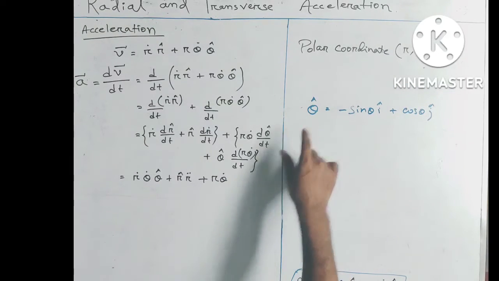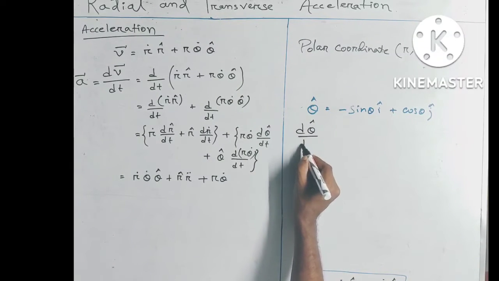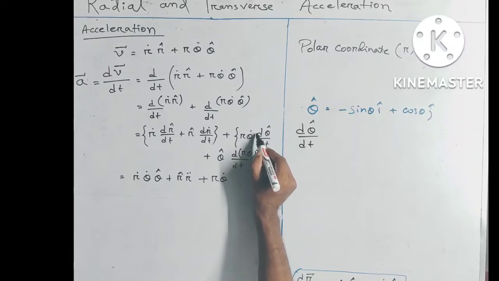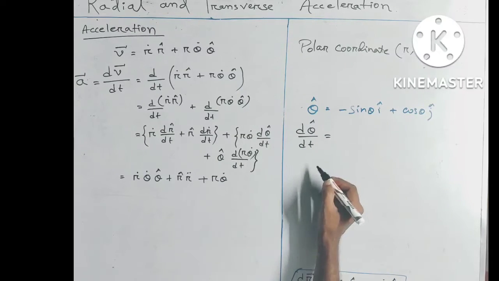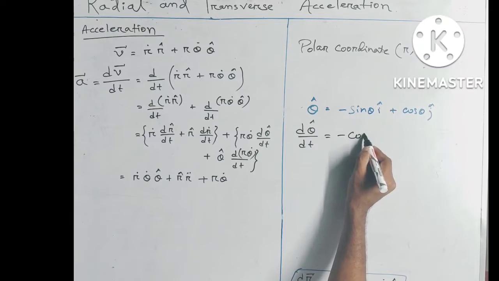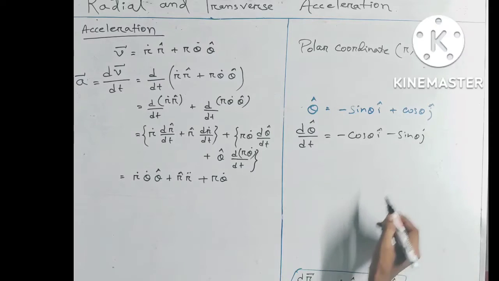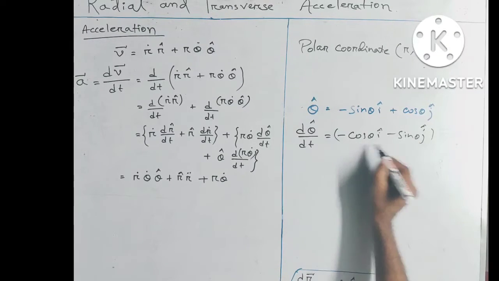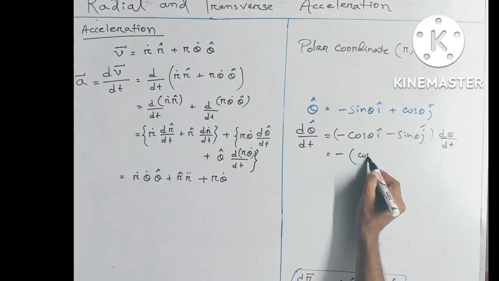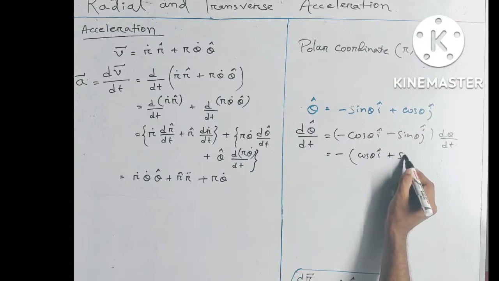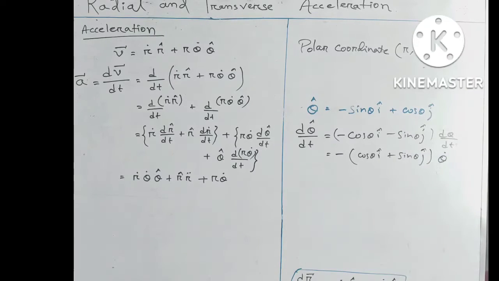So this is theta cap. If we take the derivative, because we need d theta cap/dt, it will be minus cos theta i cap minus sin theta j cap into d theta/dt, that is minus cos theta i cap plus sin theta j cap, times theta dot.